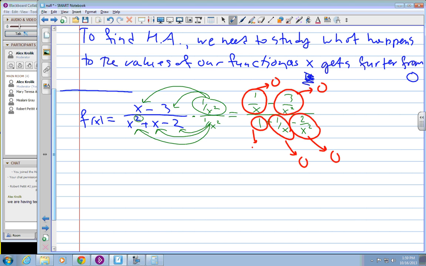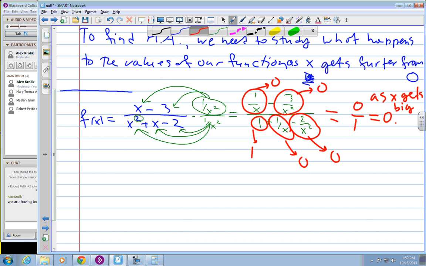Yeah, so just 1, right? So this whole thing looks like 0 over 1 as x gets big. And what is 0 over 1? 0. Okay? So that's kind of an algebraic way to show that everything will collapse to 0 if x gets really, really big, without plugging in numbers.